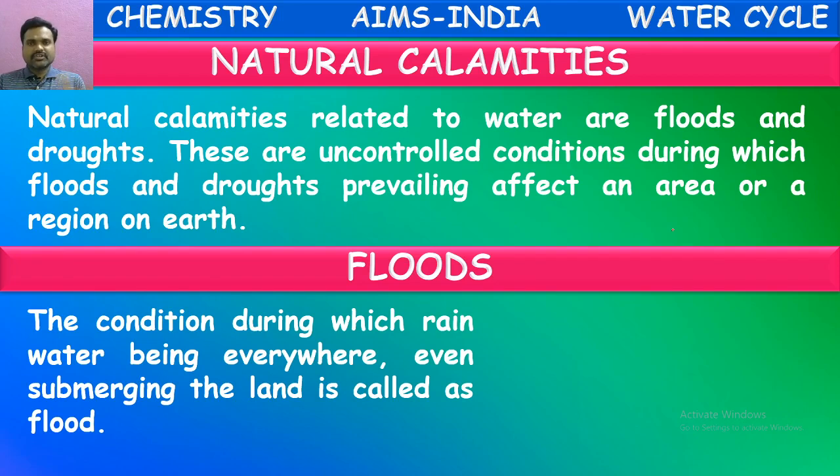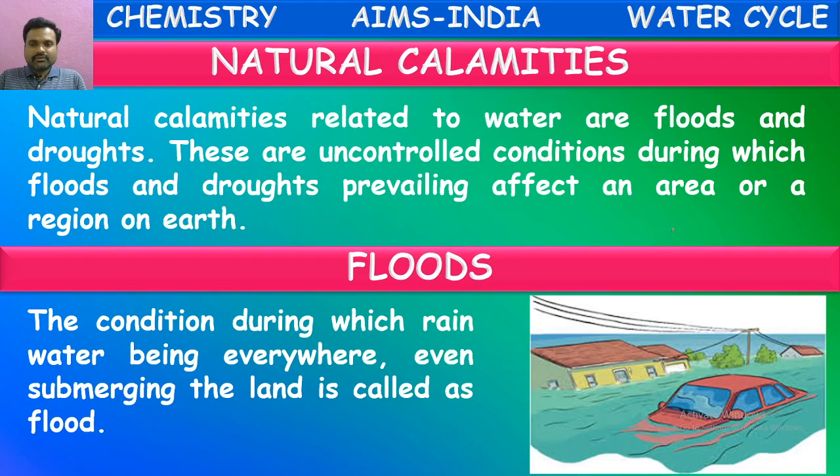As we discussed in the starting, this rainwater reaches the small streams. These small streams join into the bigger streams. These bigger streams will go and reach the rivers, lakes, and ponds. Because of the large amount of water coming from the rains, these will all fill up. These ponds, rivers, lakes will all be overflowing, and they will come into living areas. That condition is called flood.